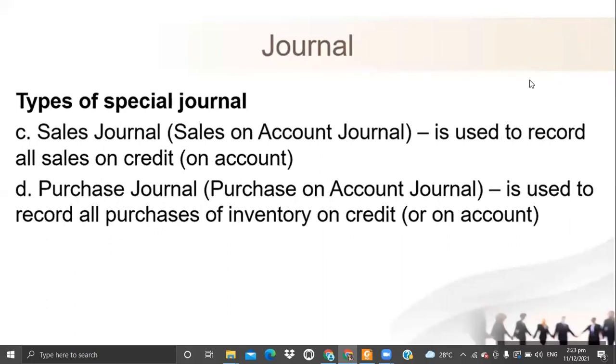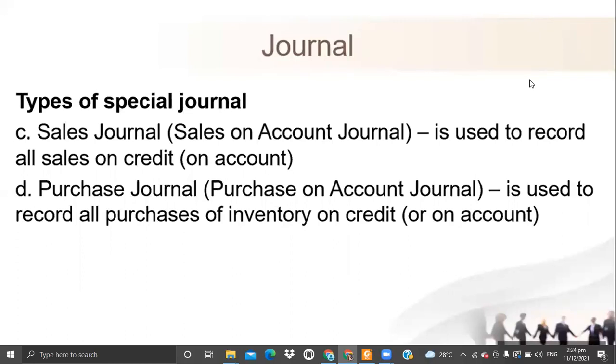Sales from customers are recorded here, normally with the names of the customers who bought. In the purchase journal, we record the suppliers we bought from, and also the TIN numbers. The sales journal is used to record all sales on credit, and the purchase journal is used to record all purchases of inventory on credit.